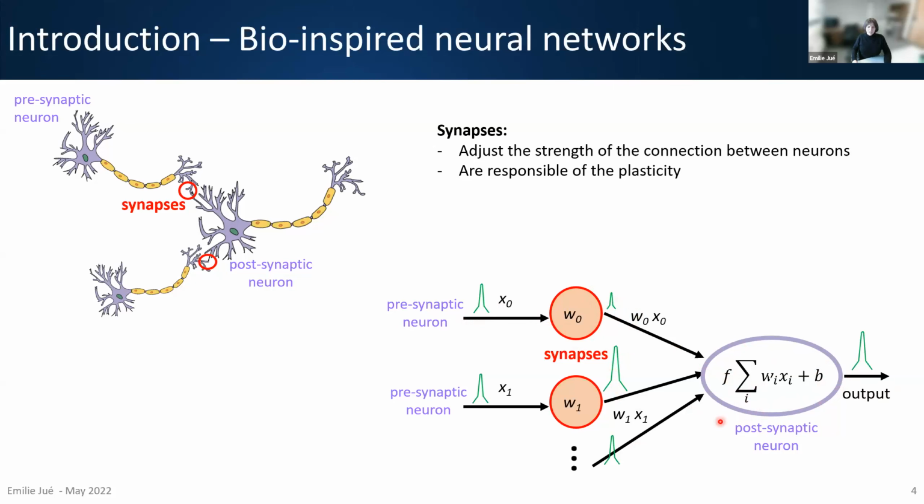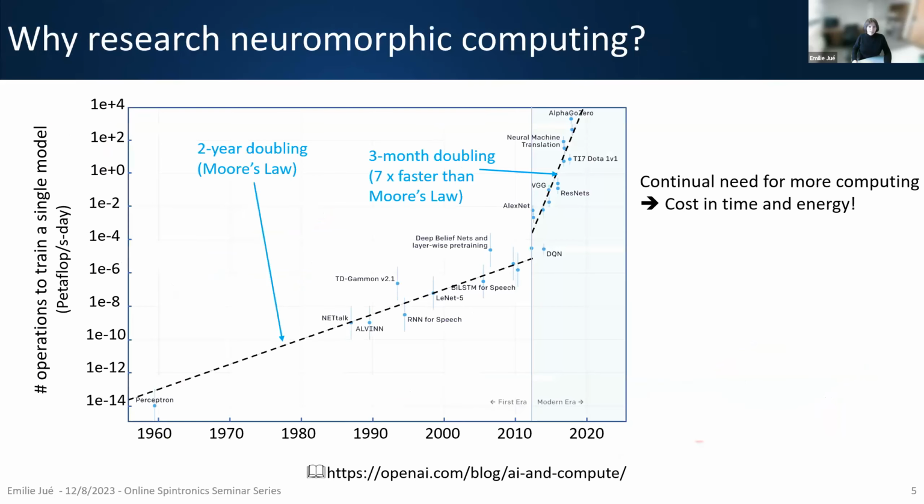All these actions can be simulated at the software level through algorithms. It turned out that the bio-inspired algorithm has shown increasing performances over the last decade, and it allowed many exciting applications that we use every day. But all these applications are done at the software level.